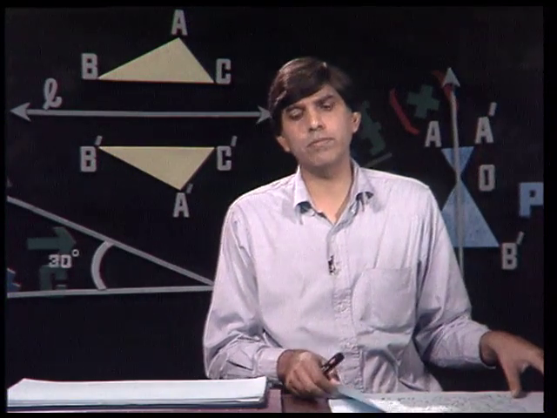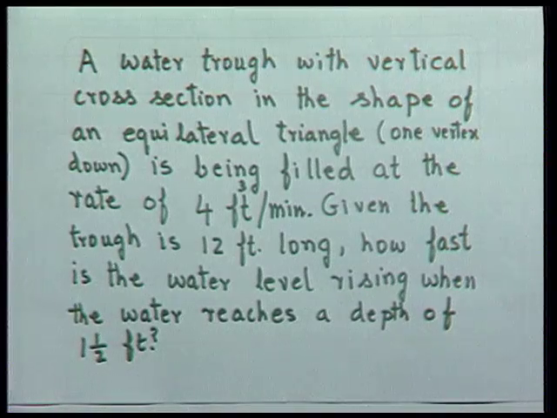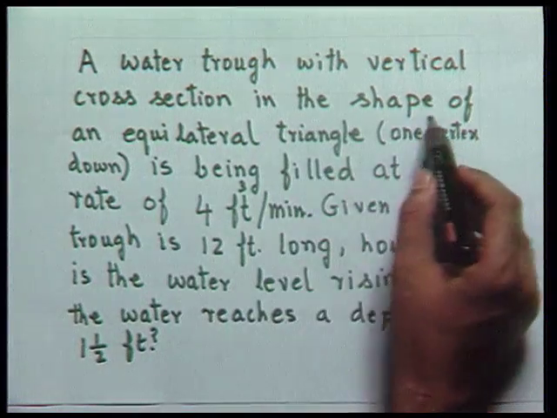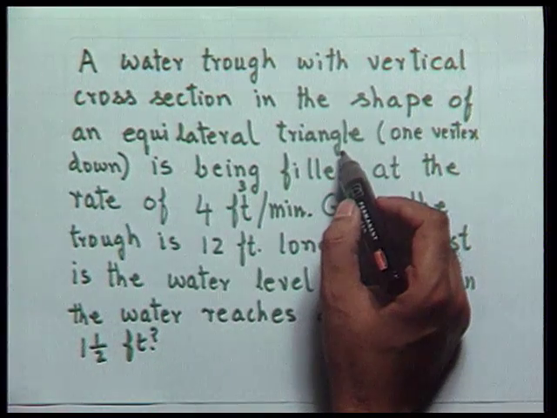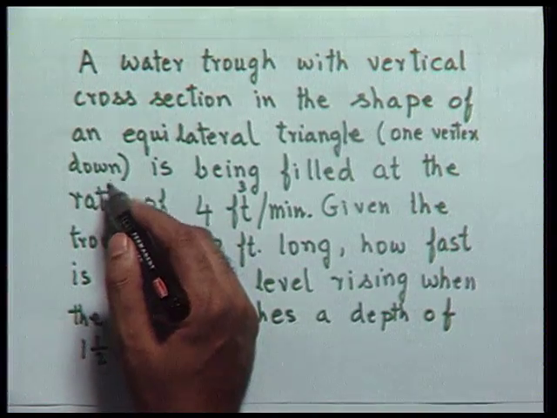One more application of derivatives in a slightly different context. Let us take a look at this problem also. I have it written down for you over here. A water trough with vertical cross section in the shape of an equilateral triangle with one vertex down. So, it is something like this.